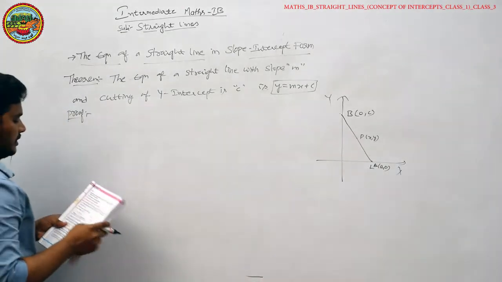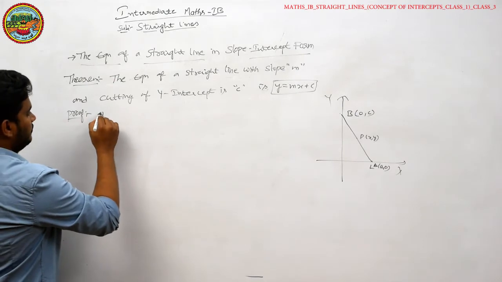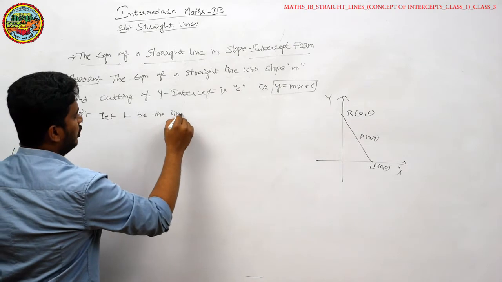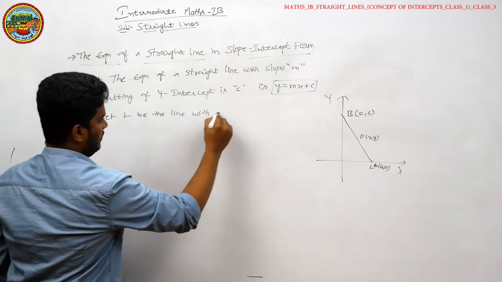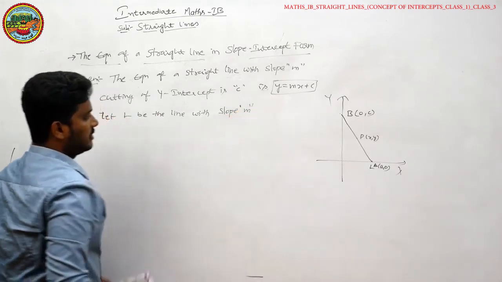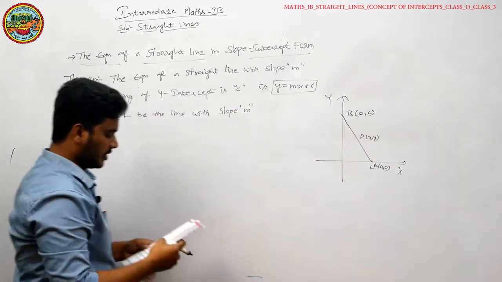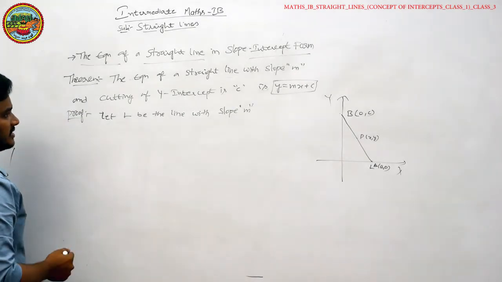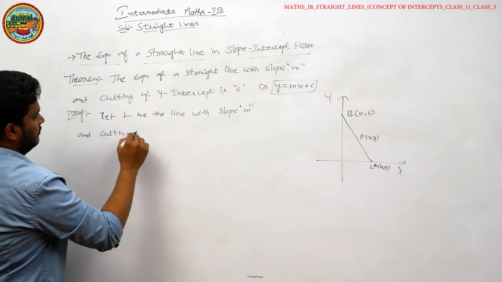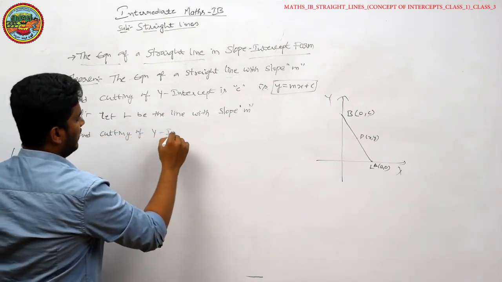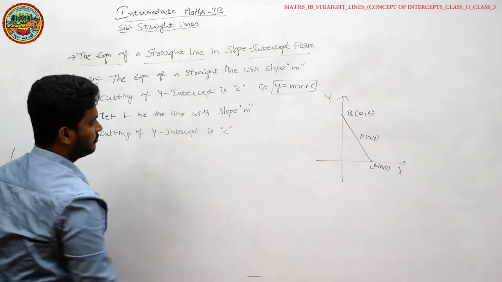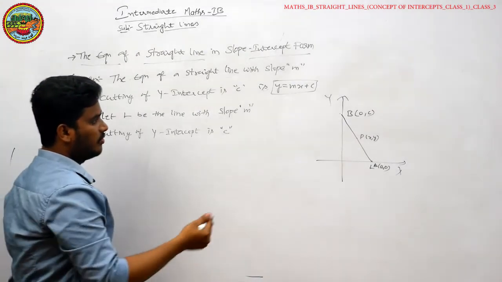So proof: let L be the line with slope m and cutting off y-intercept c on the y-axis.